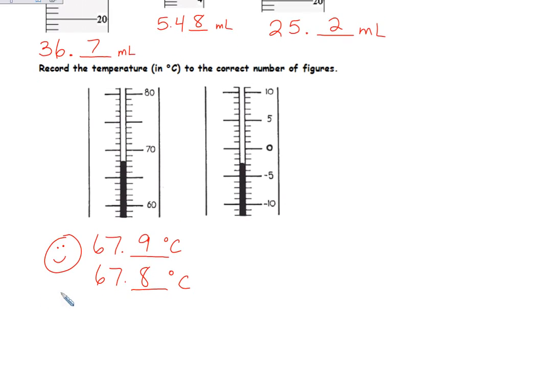Now again, let's say you think it's right smack on the line. Here's again where sometimes people will run into trouble. They'll be like, well, I think it's right on the 68. And so then they just say 68. They get it marked wrong. And then sometimes they'll come up to me after a test or quiz and they'll be like, well, you marked this wrong on my paper, but the guy next to me got it right. I put 68, the guy next to me put 68.0.